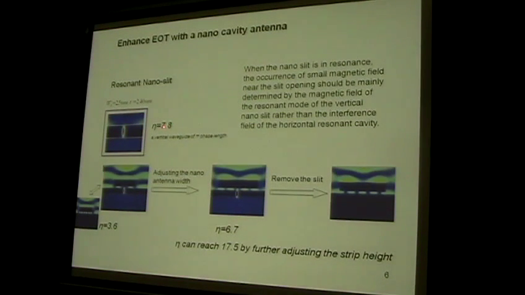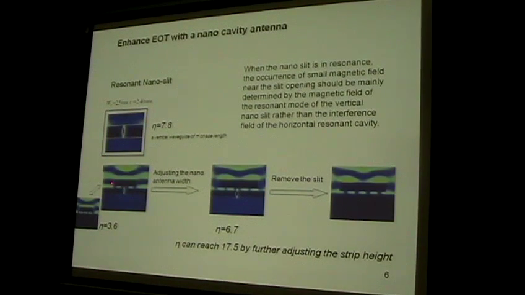And then the transmission coefficient is already large. It's 7.8. That means you can think about it this way: around 7.8 times the opening area, this light can be harvested and go through to this output opening.